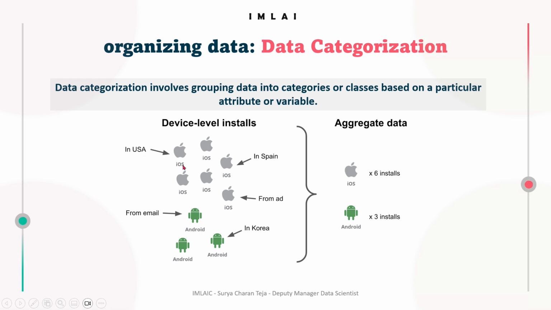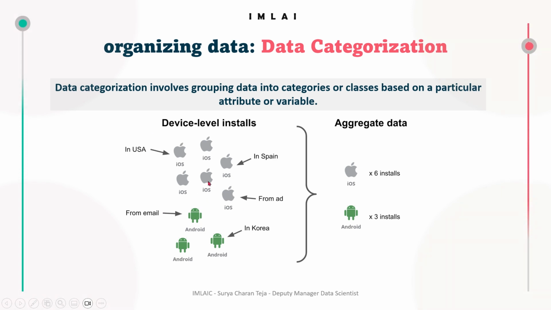In USA you have some iOS installations, and in Spain some iOS from ad, and then from email Android, and in Korea you have some Android installations. So these are the device level installations in USA, Spain, Korea, and from ad, from email.